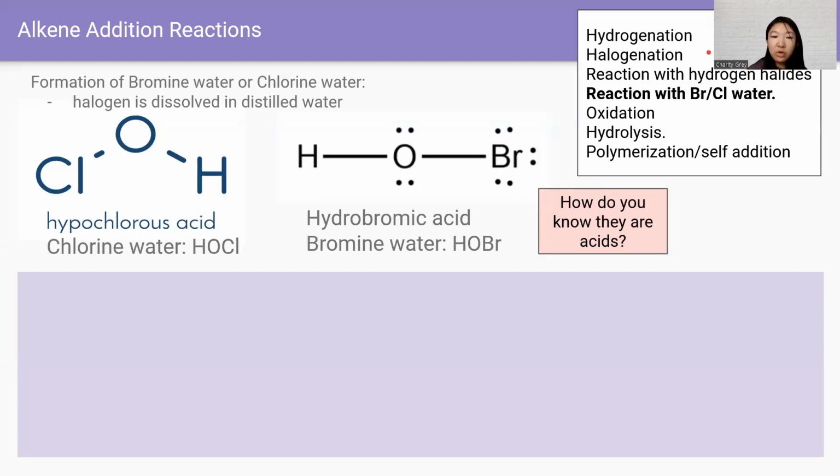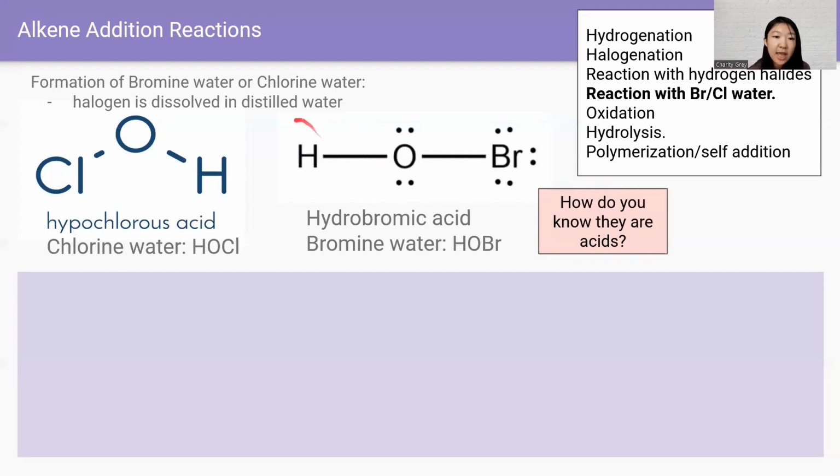Unpausing the video, we know that they are acids because acids can donate hydrogens. Even though it only has one hydrogen, it can still donate it because this oxygen is stable: it has 2 lone pairs and 2 connections, so it has 8 valence electrons.